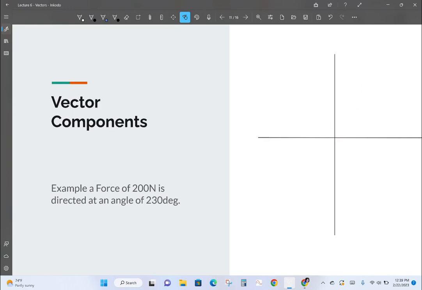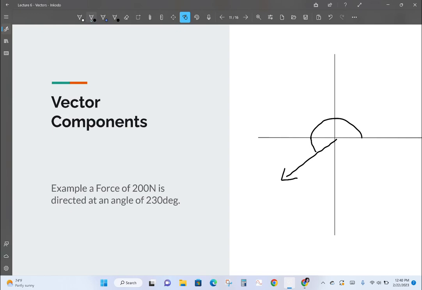My pen died, so I'm going to have to use my finger, and I apologize for that. So let's say I have a force of 200 newtons and it's directed at angle 230 degrees. So 230 would be all the way 180 plus 50 more degrees. So that's my vector.